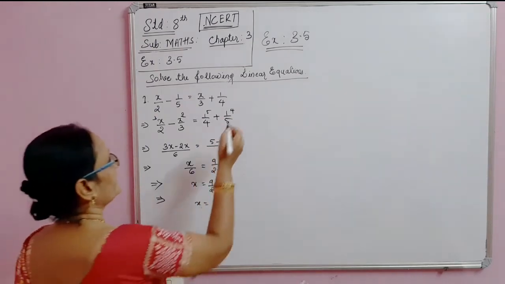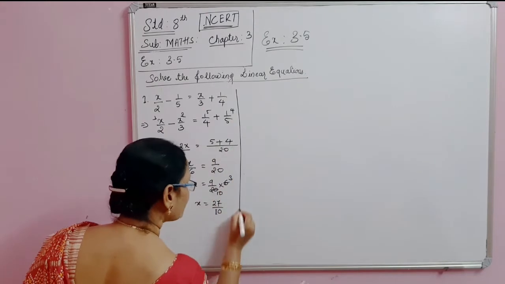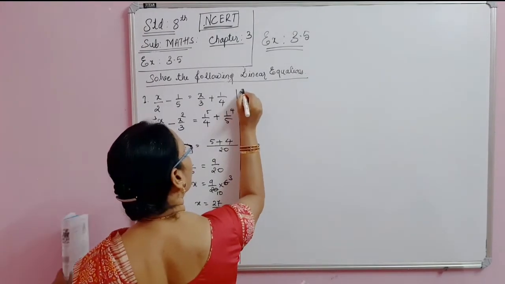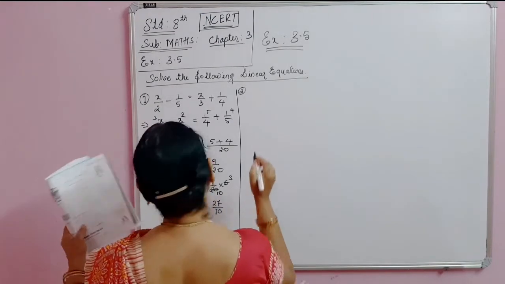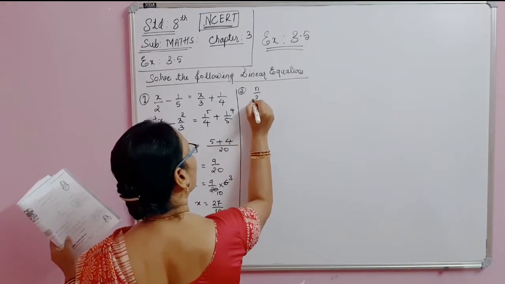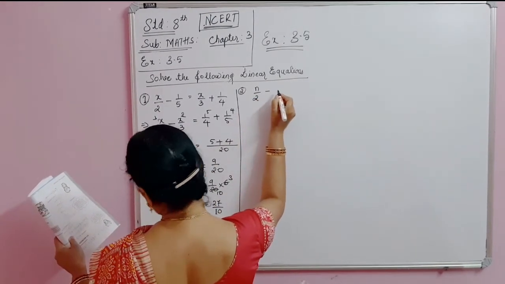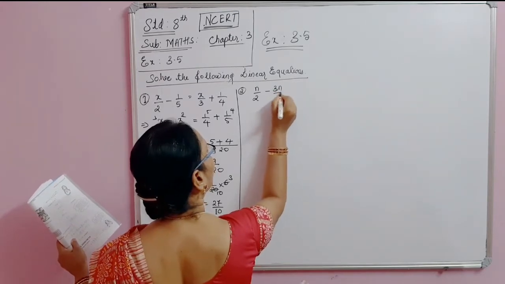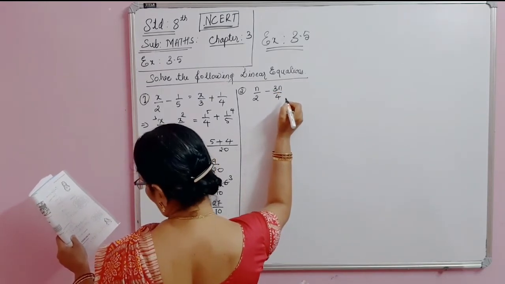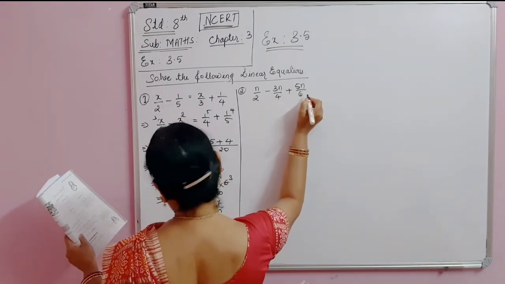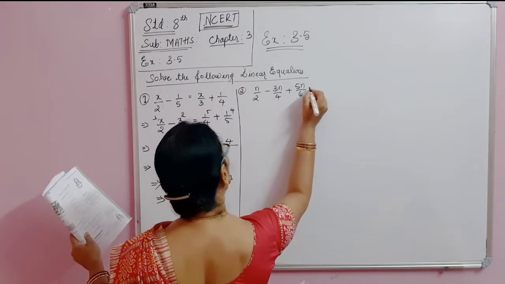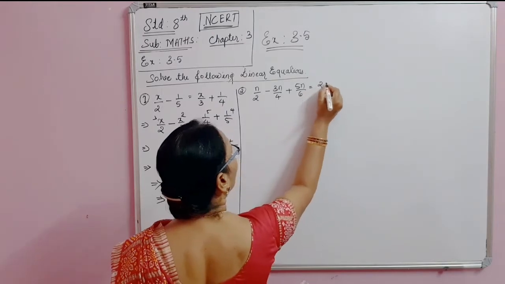Okay. Then next one, second problem. n by 2 minus 3n by 4 plus 5n by 6 is equal to 21.